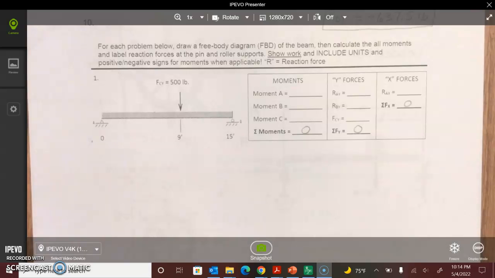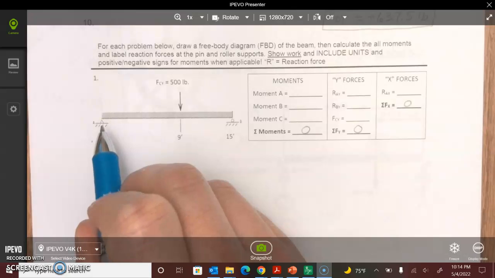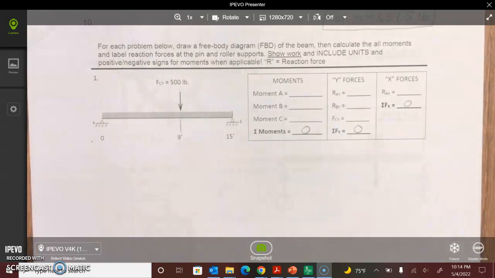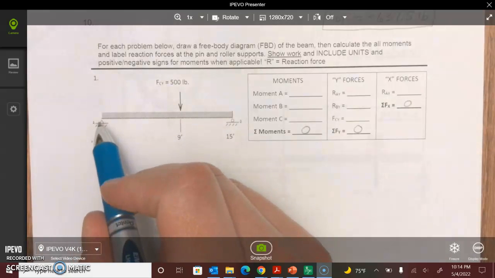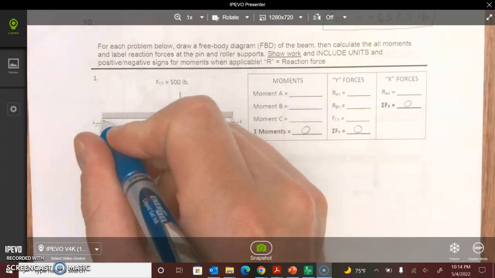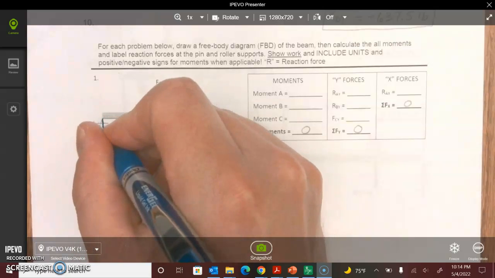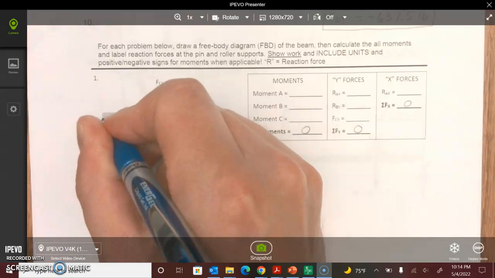Okay, a couple things we have to understand. We talked about these in previous problems, but we have a triangle here, and a triangle means we are dealing with a pin. So at A we have a pin. It means that side of the beam is pinned down and it's not budging. So that's our pivot point, or our pin. I'm going to draw the forces acting on this pin in blue.